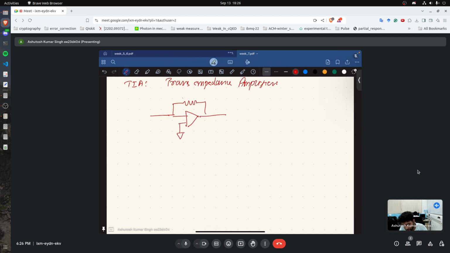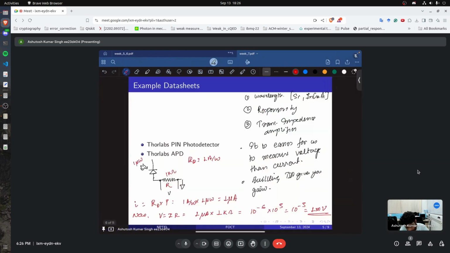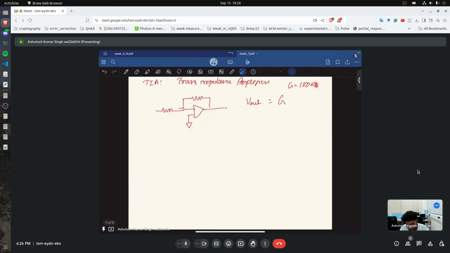Whatever your feedback is here, you then have another resistance here, and in this case, your V out. If the gain of this TIA is G, we can easily make it 100K. So now the V out will be G, instead of this case where we had simply V equal to IR, our gain. If it is 100, let's make it a reasonable number of 100.